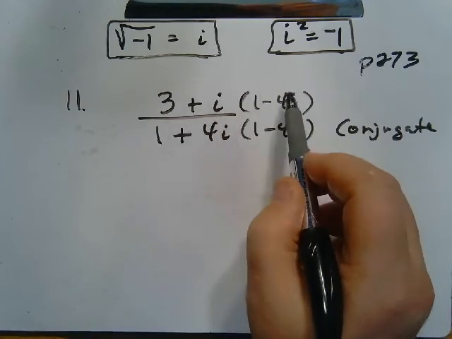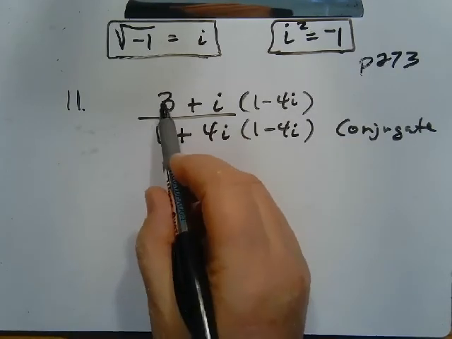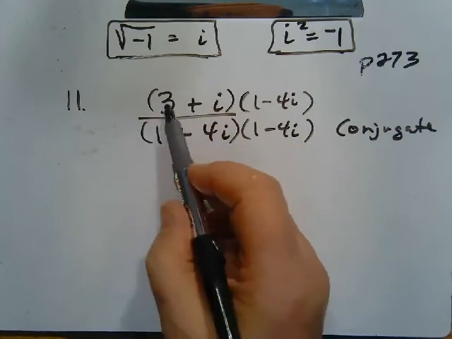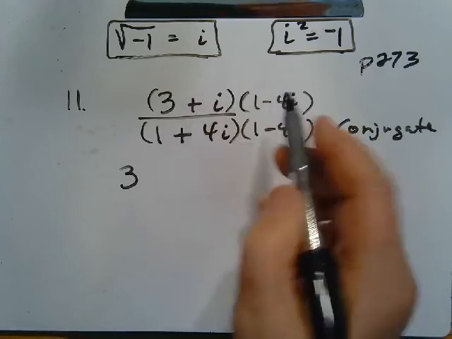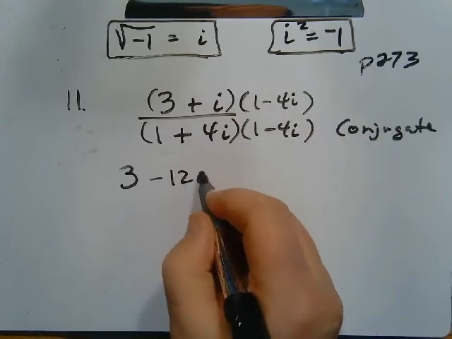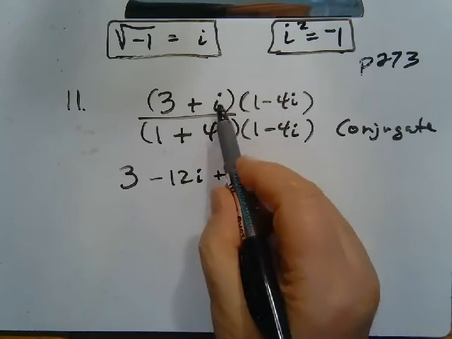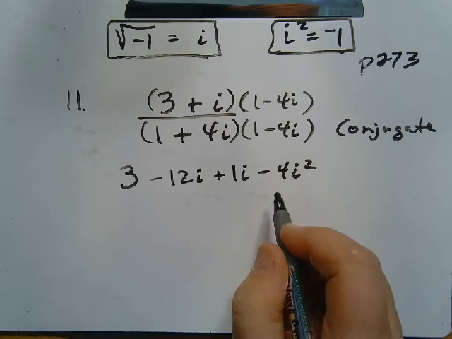The top is a binomial times a binomial, so we have to FOIL that as well. So here we go. 3 times 1. I'll put parentheses here so maybe it looks a little bit better. 3 times 1 is 3. Outer would be a -12i. Inner is plus 1i. And last is a -4i squared.